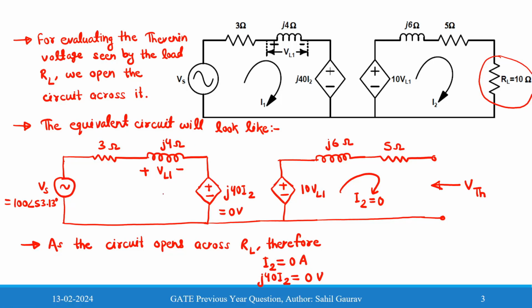So now we have to find this voltage VL1, since the Thevenin voltage seen from the load resistance RL is nothing but 10 VL1. So we can write Thevenin voltage is 10 VL1 as I2 current is 0. If we find this VL1, then we can find the Thevenin voltage, and the current flowing in this closed path is I1.